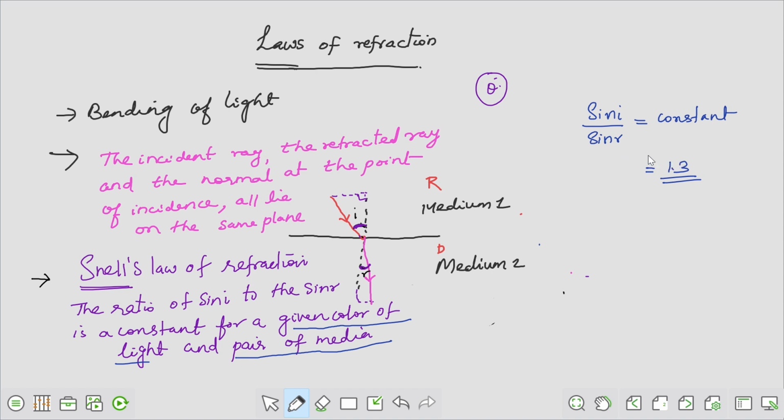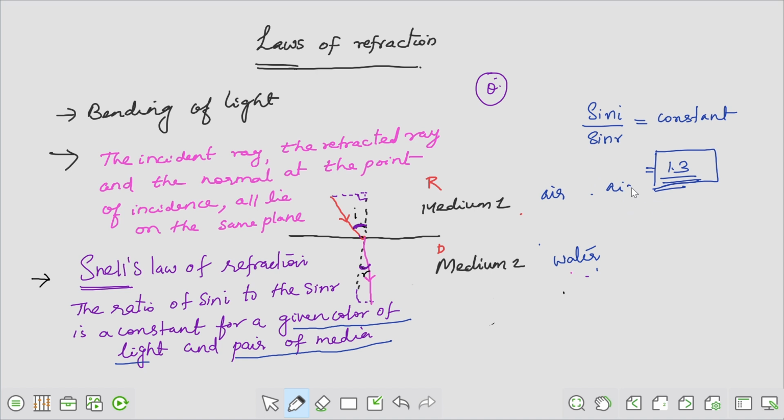So this constant value is a constant for a given pair of media. For example, if you are taking air and water, these are the pair of media that you have taken for an experiment. So for this pair of media, this is a constant. That constant value is 1.3.